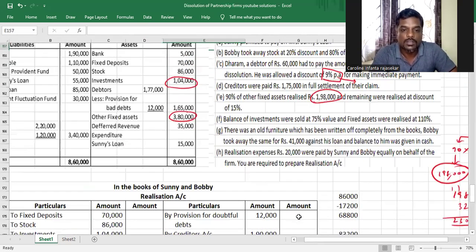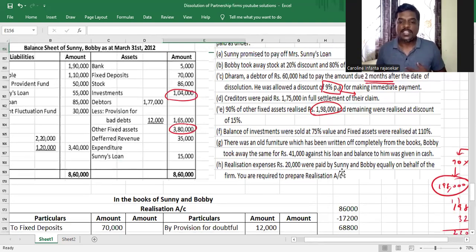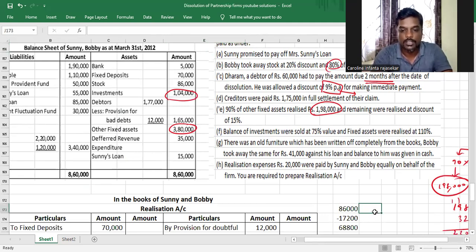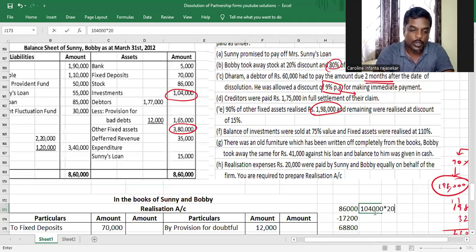Moving forward, the balance of the investments were sold at 75% value and fixed assets were realized at 110%. Okay, the balance of the investments were sold at 75% value. What is the balance of investment? Now, Bobby took only 80% of the investment. The remaining is the balance of the investment. Total value of investment is 1,04,000. That was 1,04,000 into 20%.